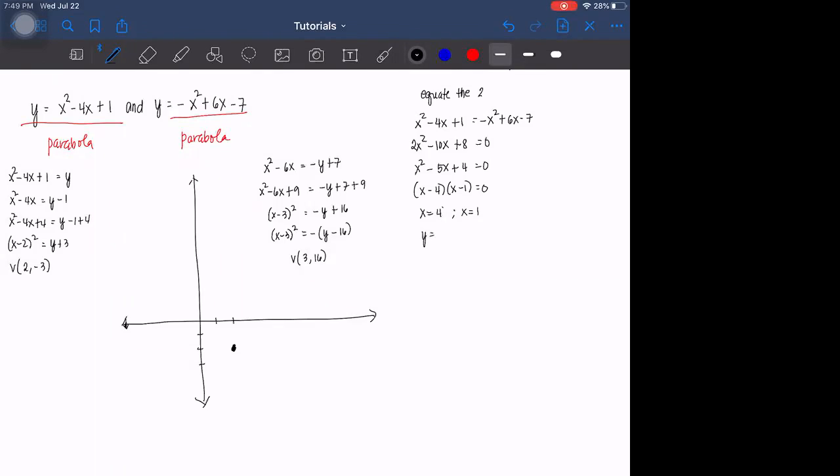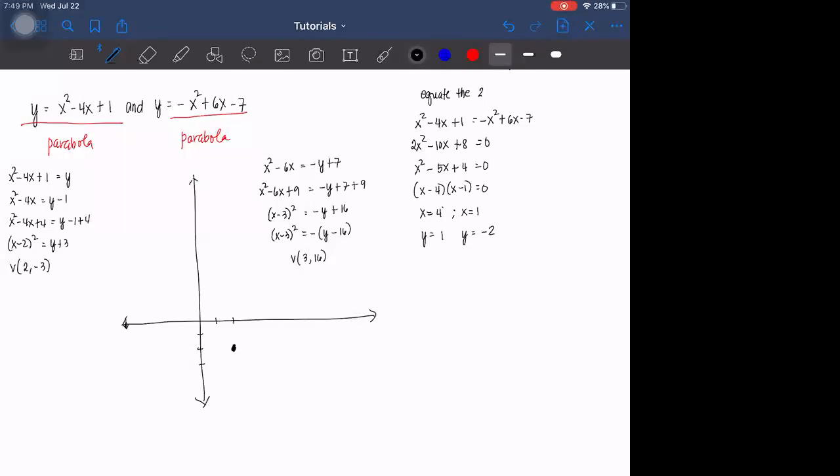If x equals 1, 1, negative 2. Negative 2.